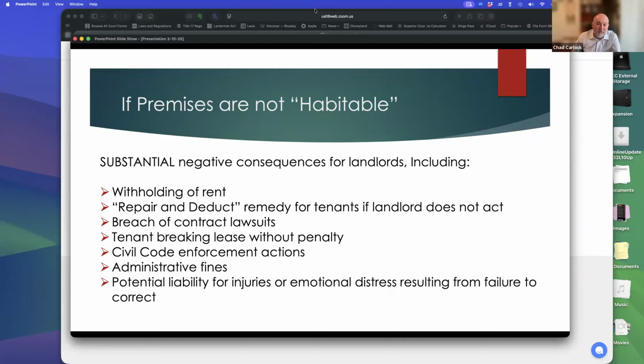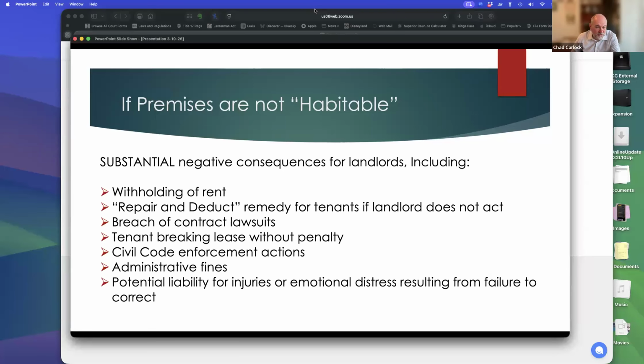You can be sued by your tenants for failure to provide habitable premises. That's something you're legally obligated to do and contractually obligated to do in your lease with them. There are situations where the tenant would be permitted to break the lease early without penalty.